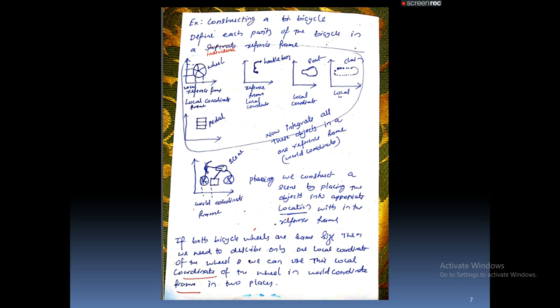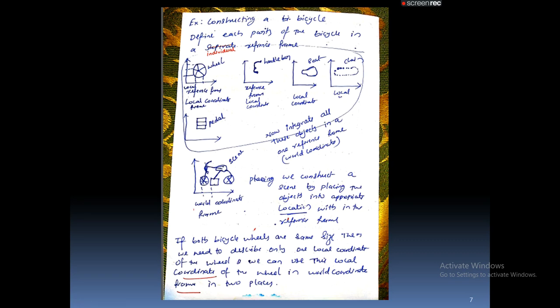When you want to create an image in a two-dimensional reference frame, first we need to divide that bicycle into various types of geometrical primitives or various types of objects. So we will represent each object of the bicycle by taking its own Cartesian reference frame.